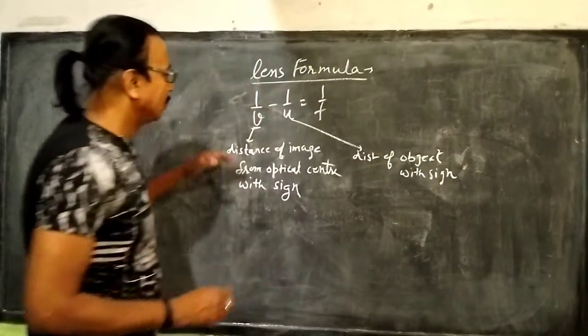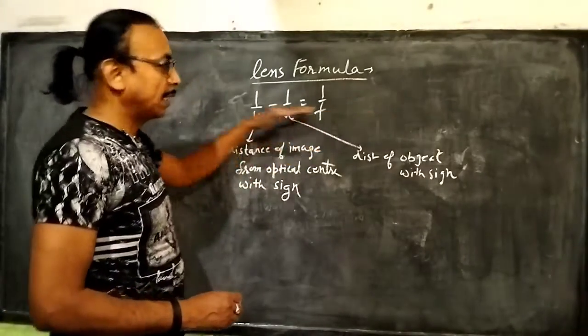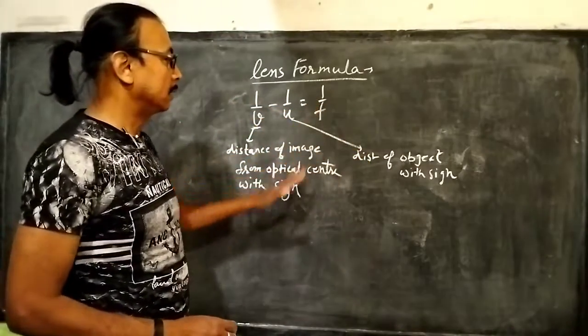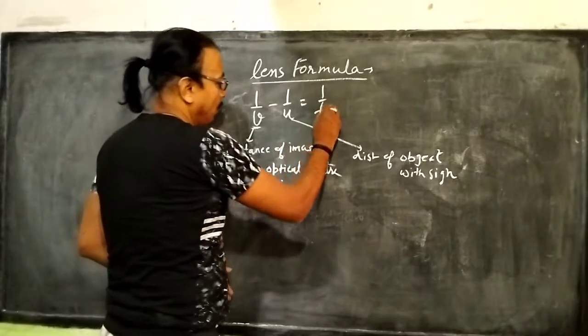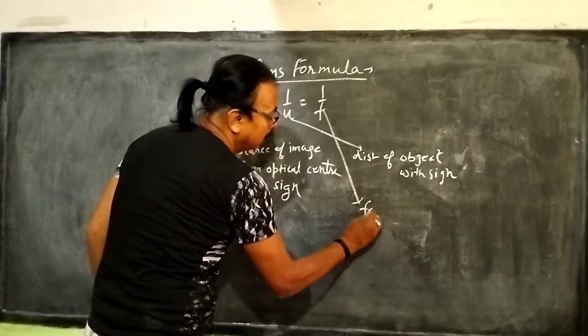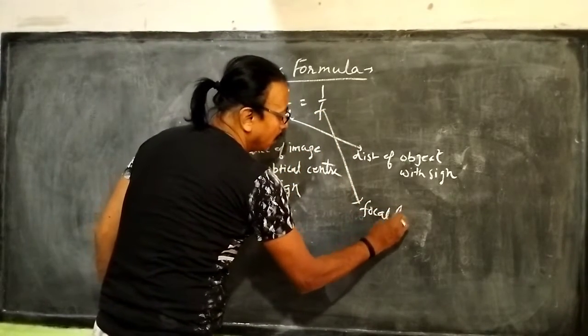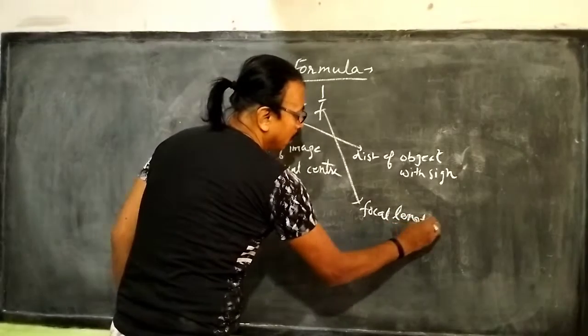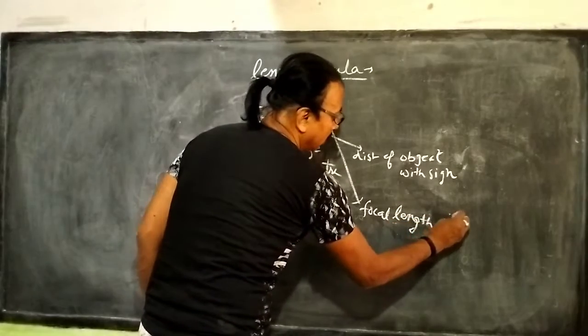All distances on the principal axis, parallel to the principal axis, are measured from the optical center. f is the focal length with sign.